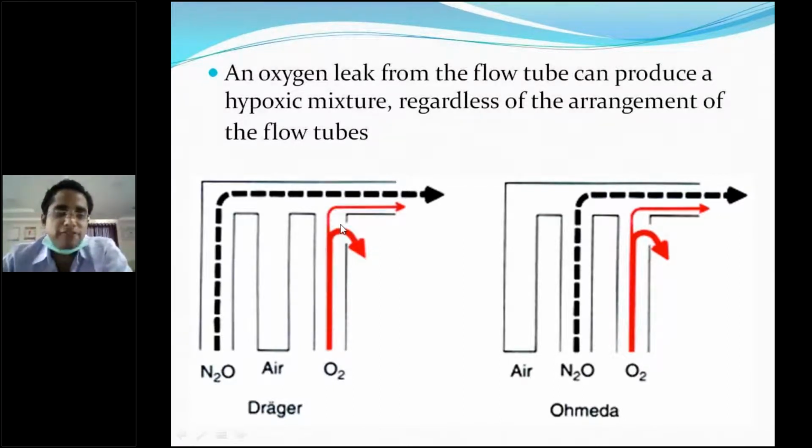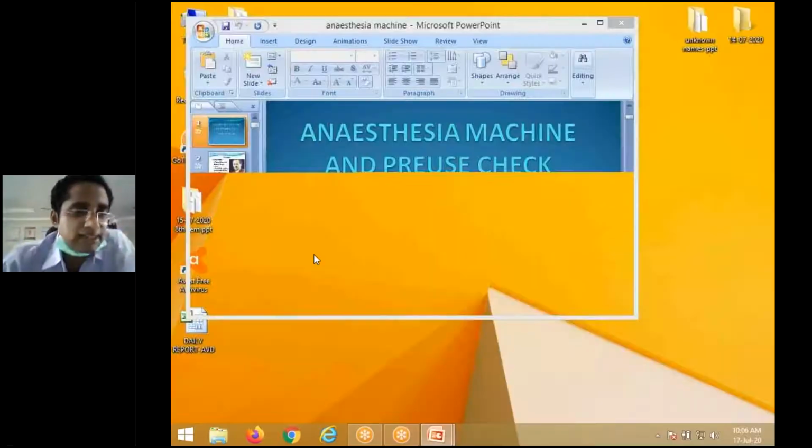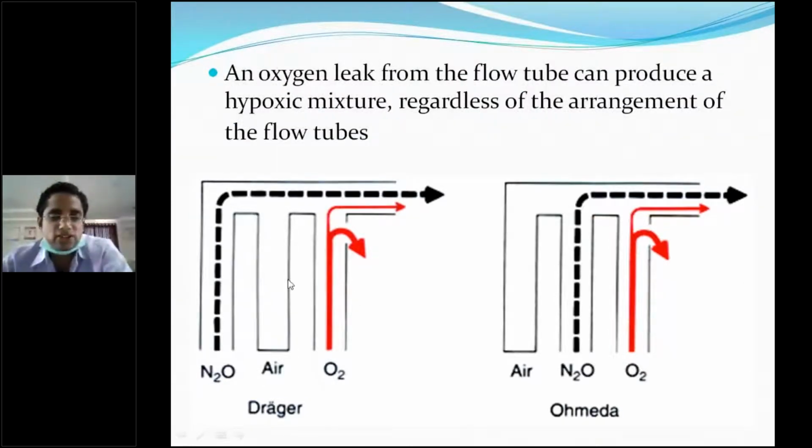For example, if oxygen is in the last port and the other two gases, nitrous oxide and air, are upstream, a leak there means a lesser concentration of oxygen is lost. That is the only reason why the oxygen is in the last tube.